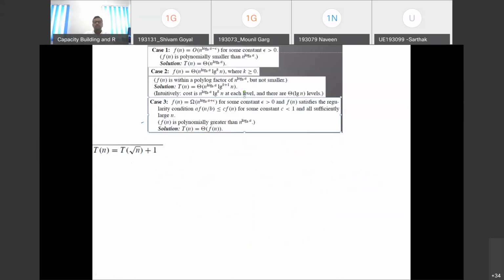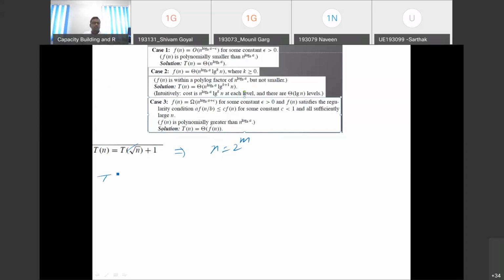Now move to the next one. It says that T of n is equal to T of root n plus 1. This question we also solved last time using some replacements. So we need to put n is equal to 2 raised to the power m.